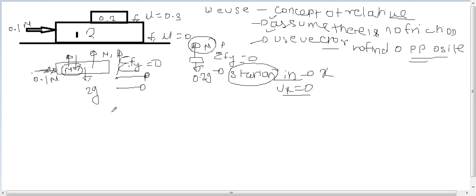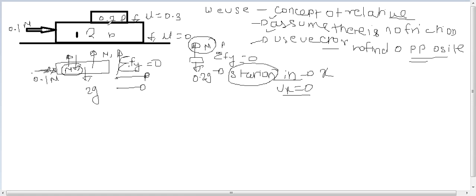So now it's time to determine the relative motion of this 2 kg block. Let me write its name. Block, this is the pen.